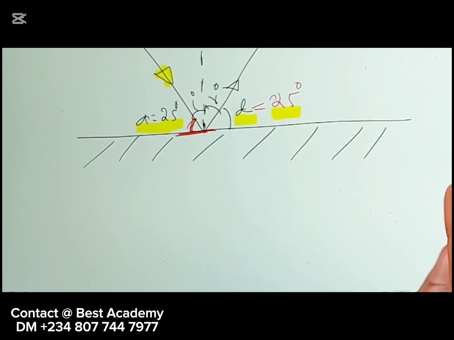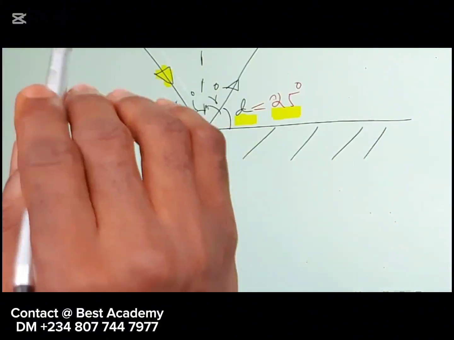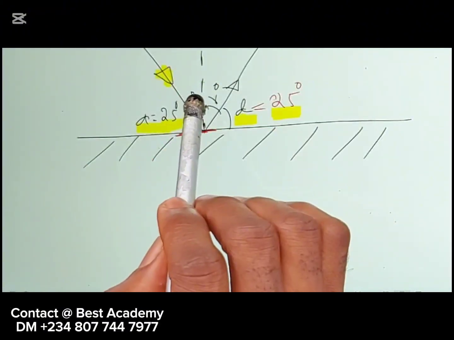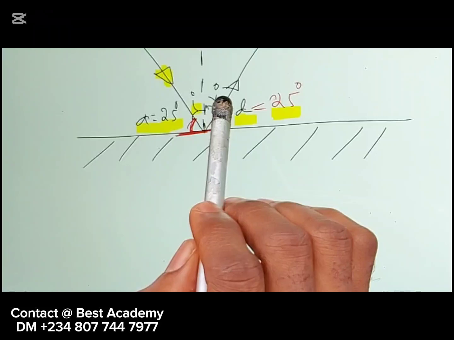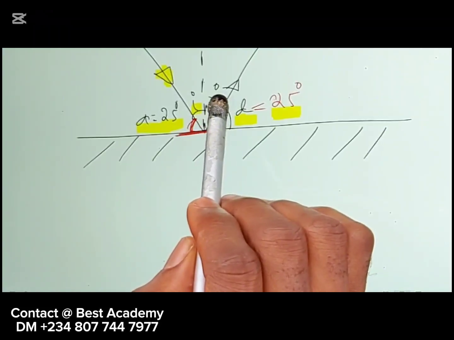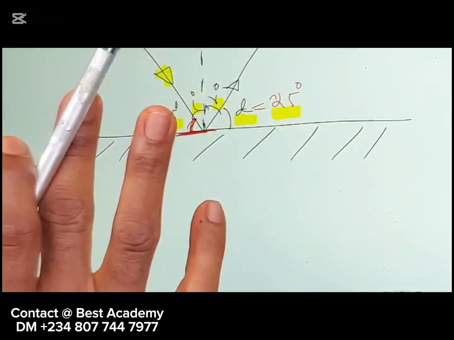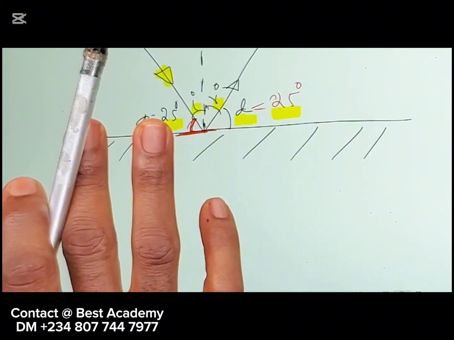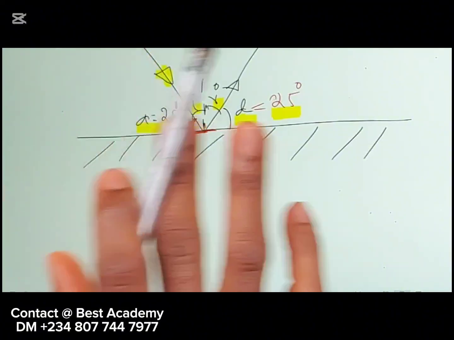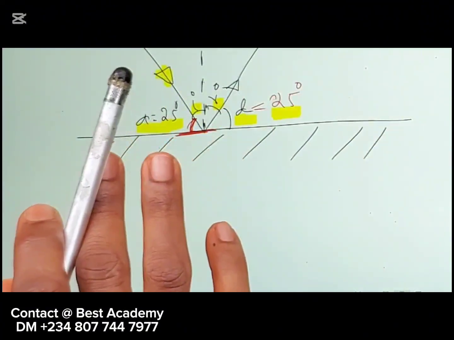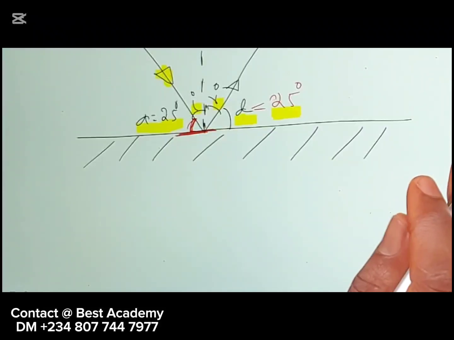The law of reflection states that the angle of incident, which is this angle here, and the angle of reflection is equal. Please take note of that. But before we solve this by applying the law of reflection here, let's apply our mathematical formula that the sum of the angle in a straight line is equal to 180.